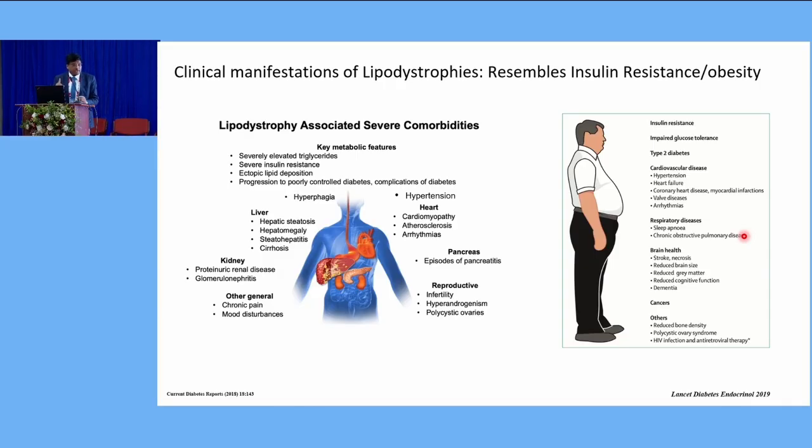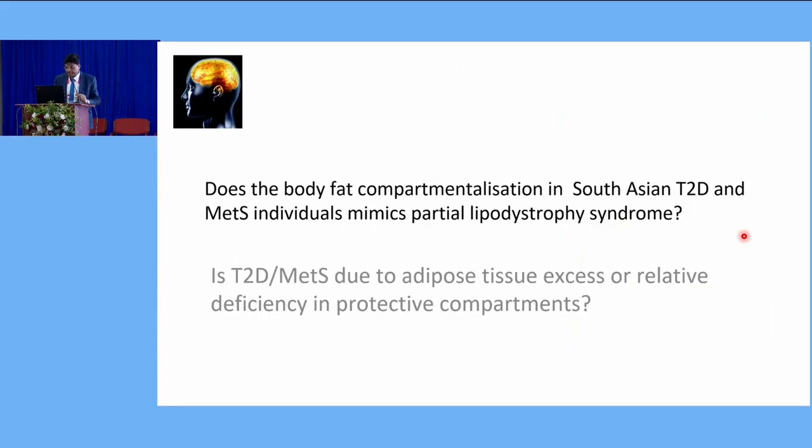Very important, complications of diabetes are also very high in them. They are at risk of hypertension, hyperphagia, kidney problems, mood problems, pancreatitis, and of course PCOD-like problems. And this severe picture mimics type 2 diabetes mellitus in a particular person who is not obese, and the majority of patients in our practice are of this category.